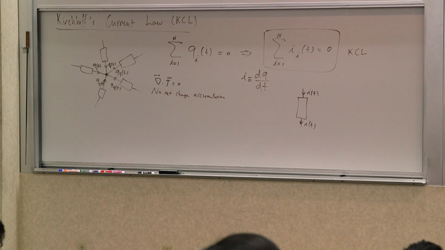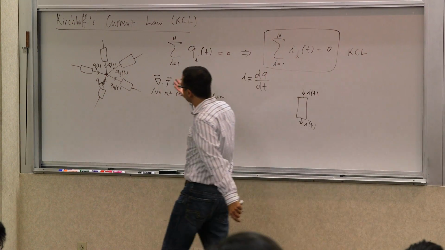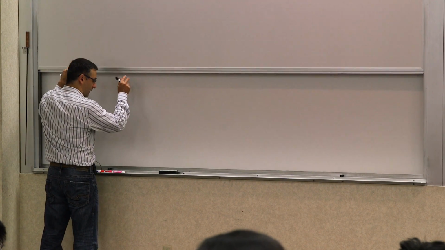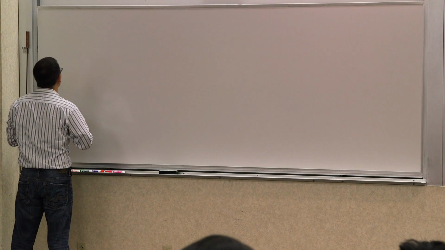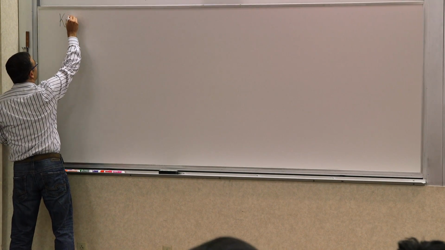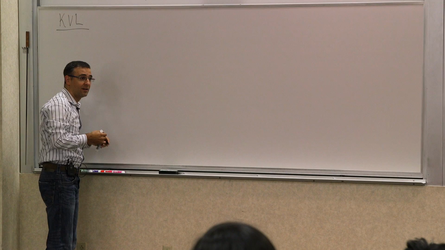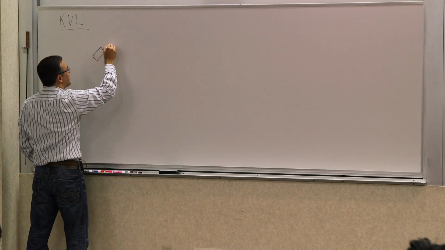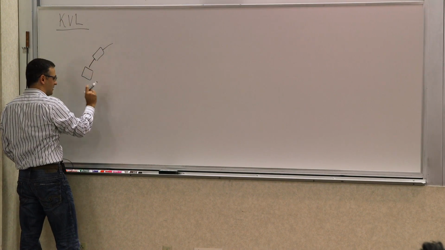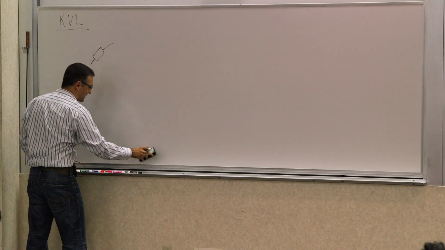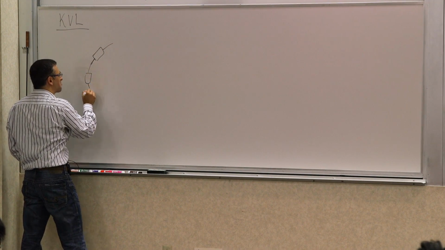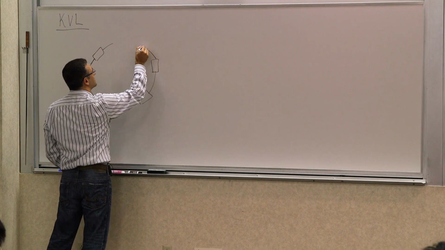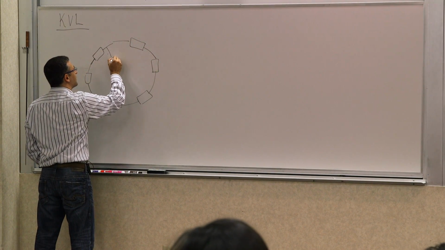Nope. So the other thing we are going to be talking about, the counterpart to this, is the KVL, or Kirchhoff's voltage law. With your permission, I will just write it KVL. Now, what is KVL? Let's imagine that you have, again, we talked about meshes and loops and nodes last time. So you have a circuit where there are multiple elements or branches, essentially, that are connected in different ways.